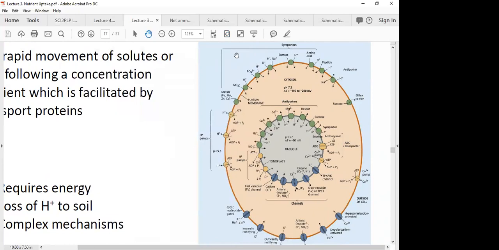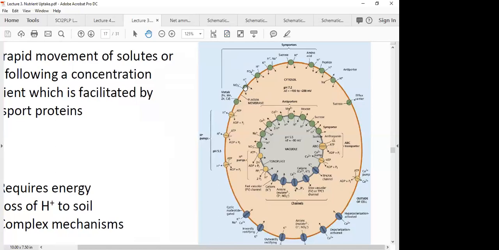Remember we had symporters and antiporters. They are specific, but what distinguishes a symporter from an antiporter? No, symport. All right, let's look at an example if you're not too sure. Okay, let's look at this one here.